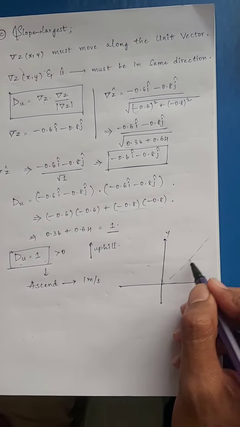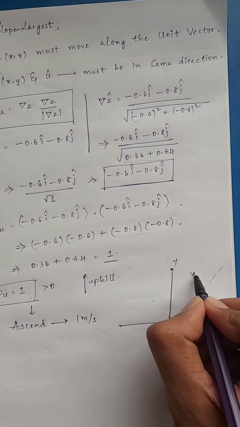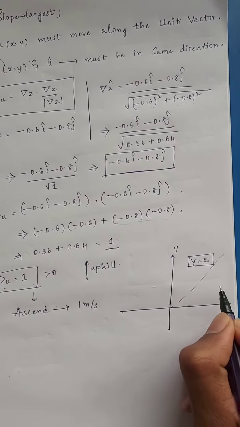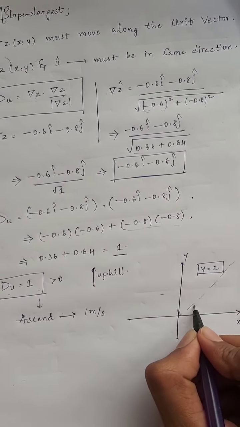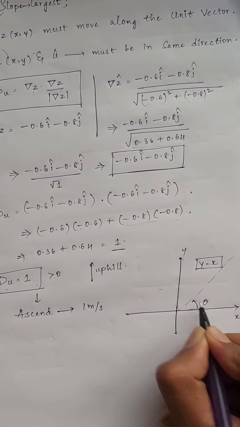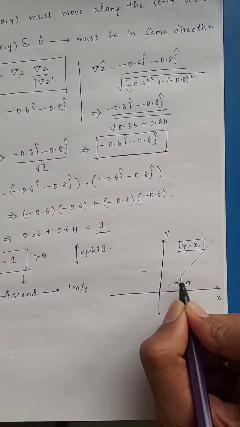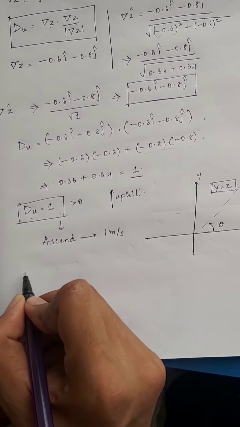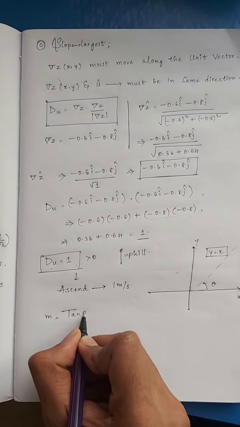It should be bisecting the axis, which is similar to the y equals x line. So this is the line, and we need to find the angle theta this line makes with the horizontal, which is nothing but slope. Slope m is equal to tan theta.